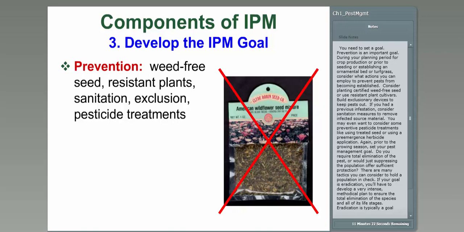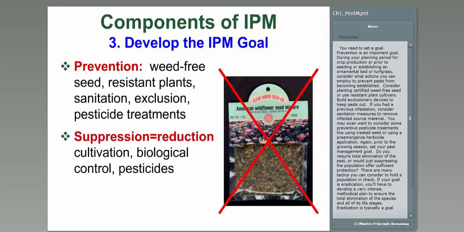Again, prior to the growing season, set your pest management goal. Do you require total elimination of the pest, or would just suppressing the population offer sufficient protection? There are many tactics you can consider to hold a population in check.